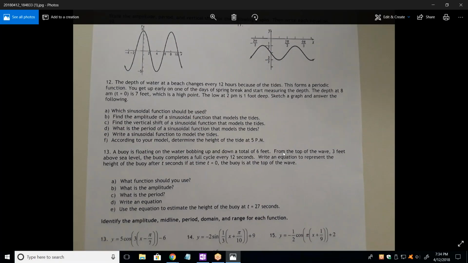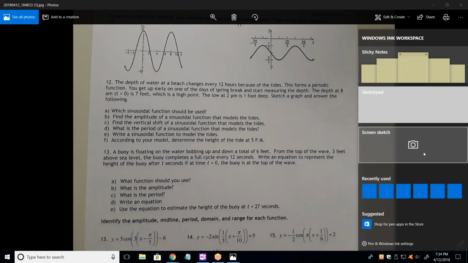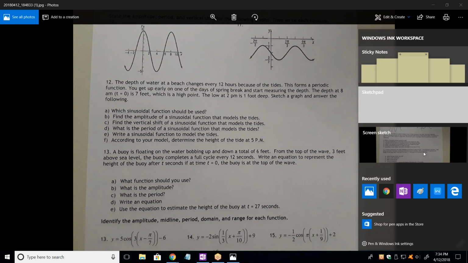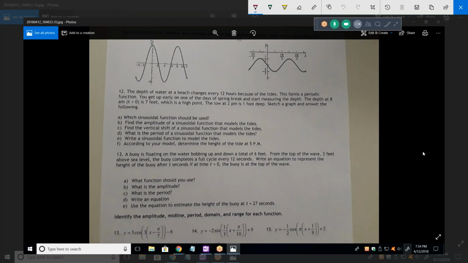Let me scroll down here. I can't scroll down anymore. That's okay. We'll answer 13 in the way that we should have answered the first one, which is to figure out whether we're going to use sine or cosine. So we have a buoy floating on the water, bobbing up and down a total of 6 feet.